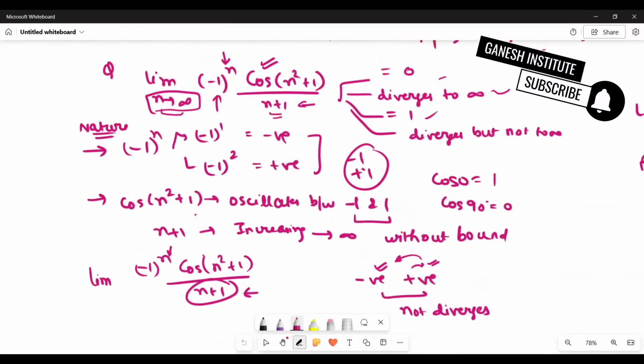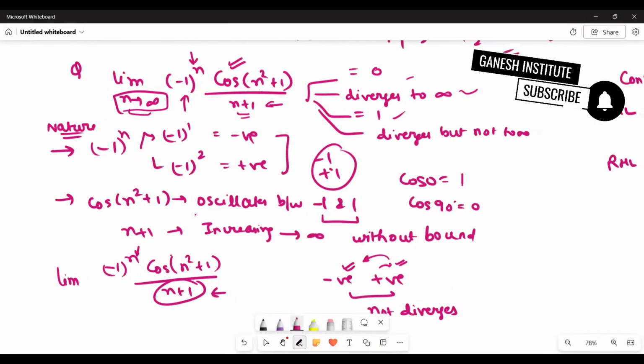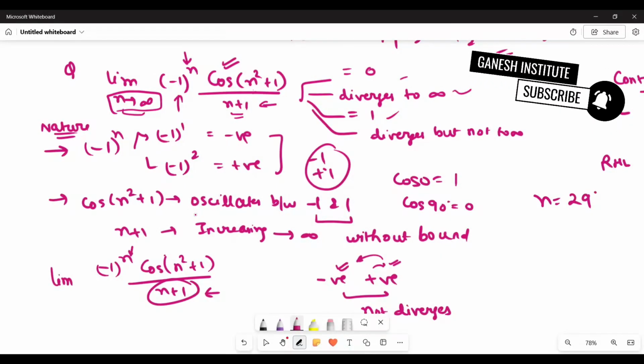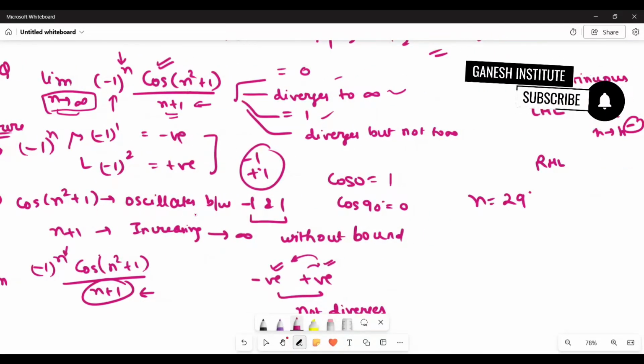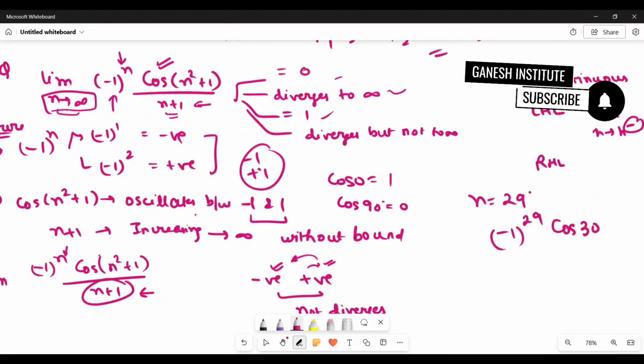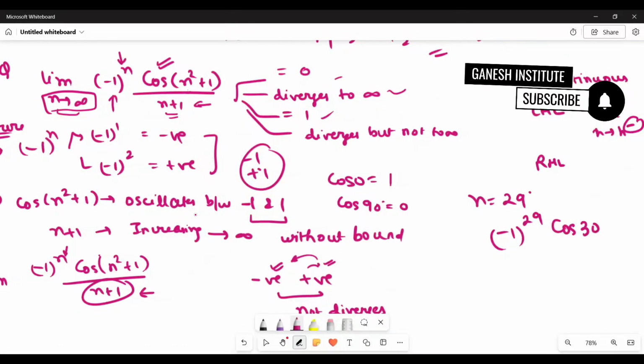Even if you say, okay, let's say by n, what do you want to say? If your n is 29, so -1 raised by 29, this will be cos 30, and sorry, this has to be 29 squared.